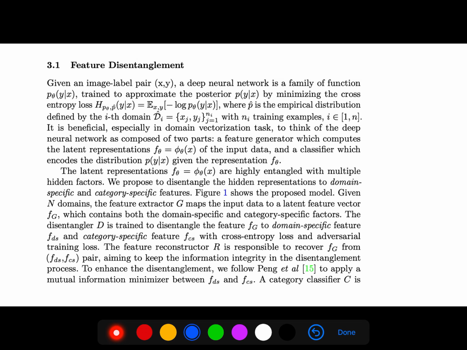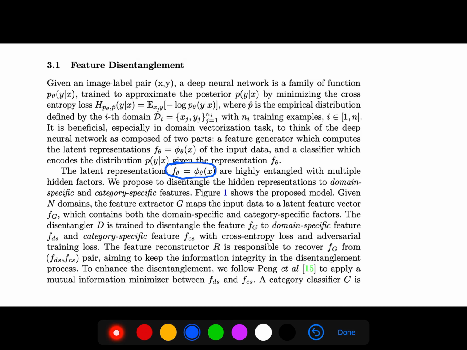So the latent representation are highly entangled with multiple hidden factors. We propose to disentangle the hidden representations to domain-specific and category-specific features. Figure 1 shows the proposed model.